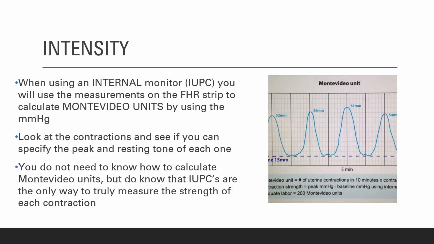You're not required to actually calculate Montevideo units, but please know that MVUs are more accurate because they are internal, using millimeters of mercury. Intensity is more accurate when we have internal monitors.